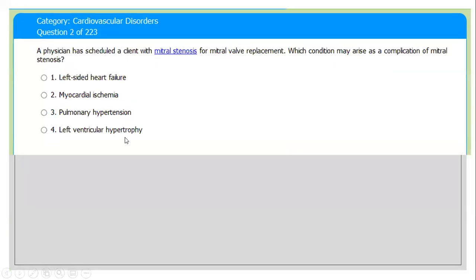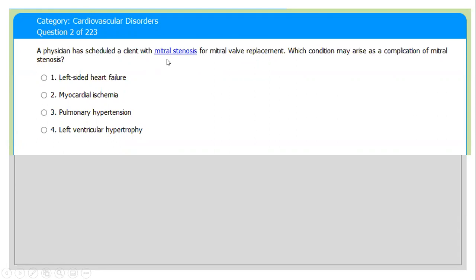The next question here. A physician has scheduled a client with mitral stenosis for mitral valve replacement. Which condition may arise as a complication of mitral stenosis?